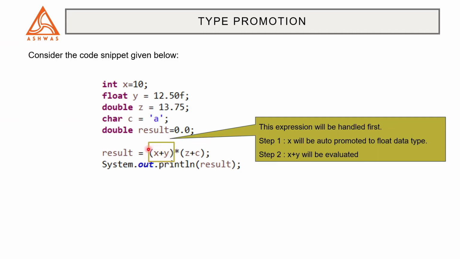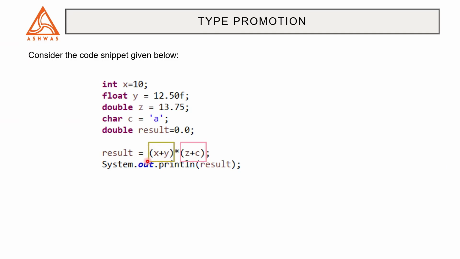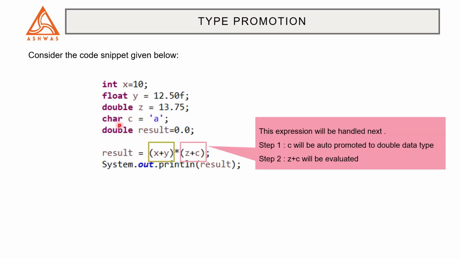and then this whole expression will be evaluated. The next thing to get evaluated will be z plus c. Again, z is double and c is char. Here, the char value, which is the smaller value, will be promoted to a bigger type, like z, and then it is going to be evaluated.